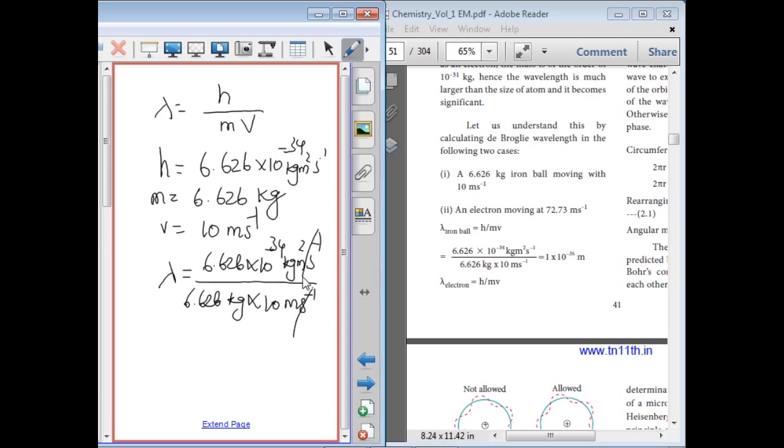So second inverse cancels, meter squared cancels, kilogram cancels, and then lambda equals 1 into 10 power minus 35 meter. This is the wavelength of the iron ball. This is a very short wavelength.